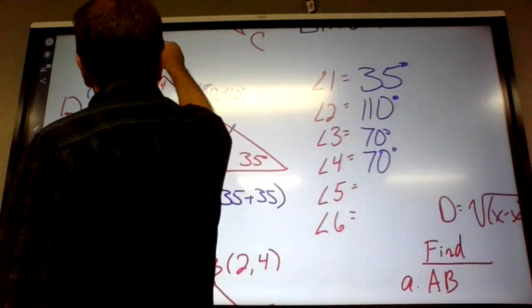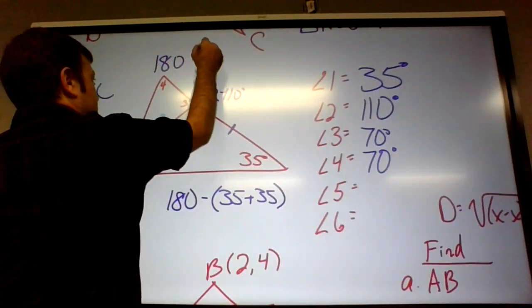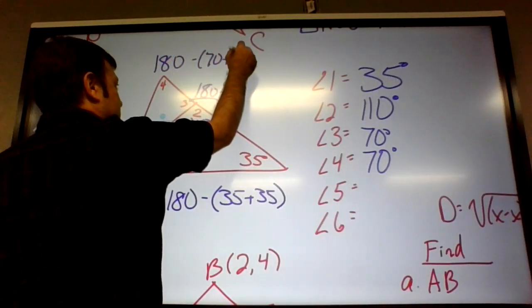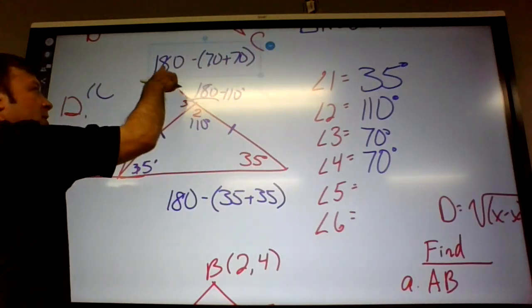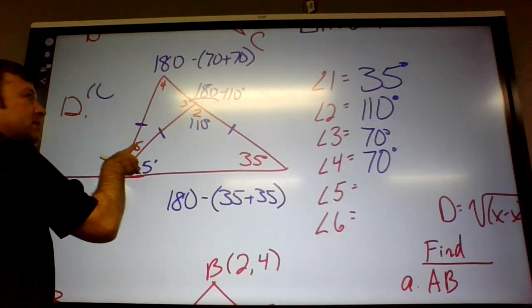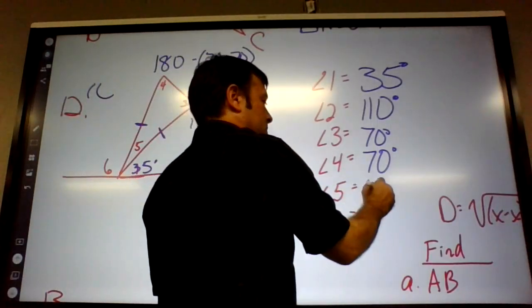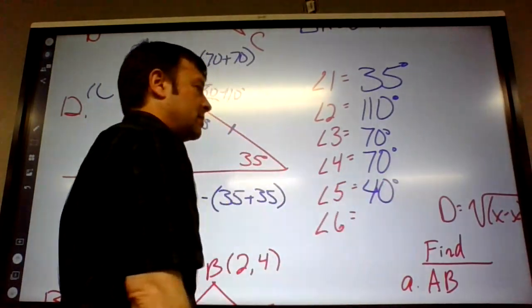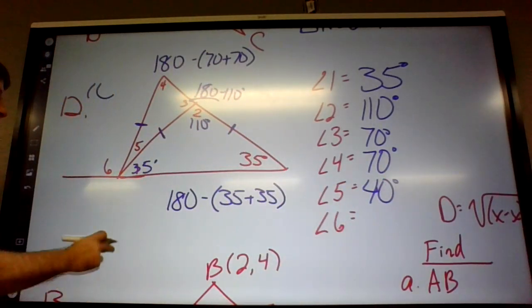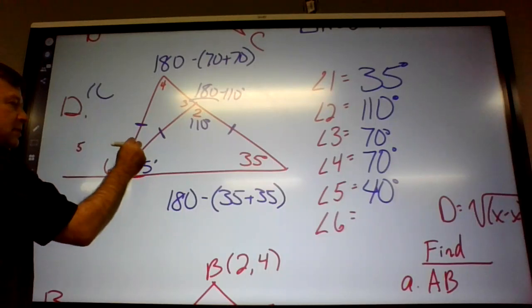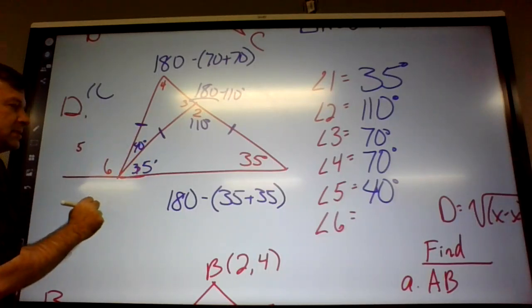Right. 70 plus 70 is 140. 180 minus 140 leaves 40 degrees for angle 5. Alright, so that's a 40.